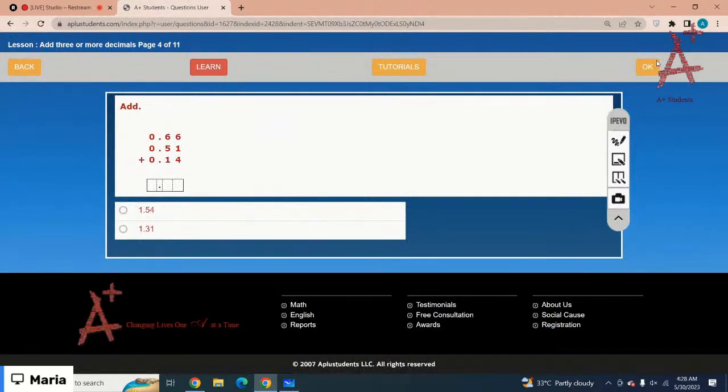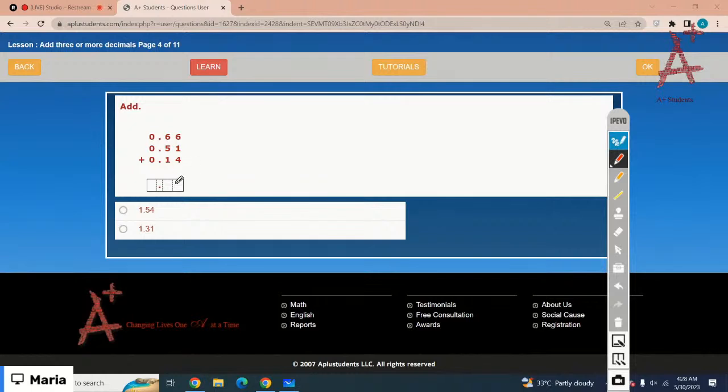Okay, let's add 0.66, 0.51 and 0.14. Start adding from the rightmost digit. It would be 6 and 4, 10 and 1, 11, 1 and 1 carry.